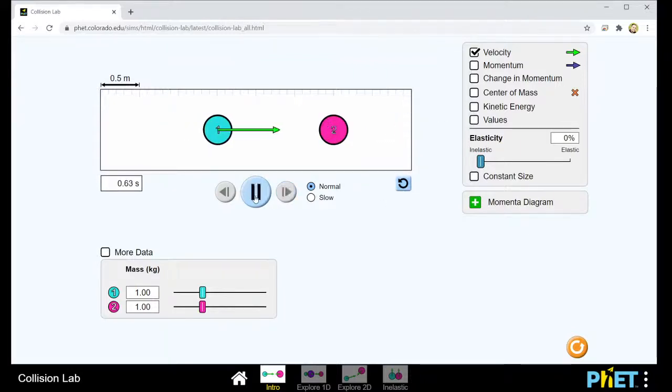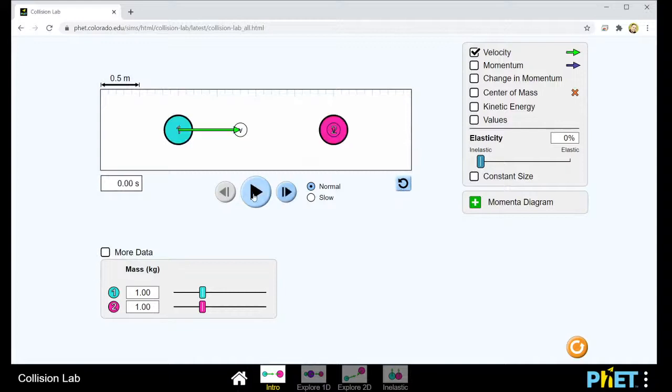So this type of collision happens in situations where the force of interaction is not very elastic at all. It's inelastic. They stick together. So things that deform, you think of like if these balls are made out of clay, you'd have a collision like this where they stick together.